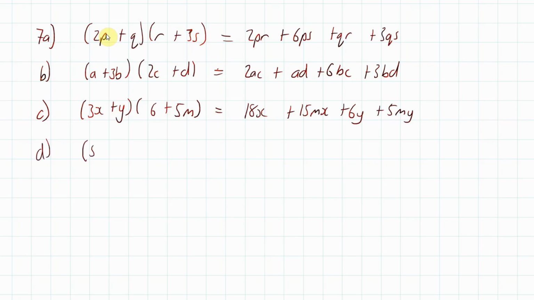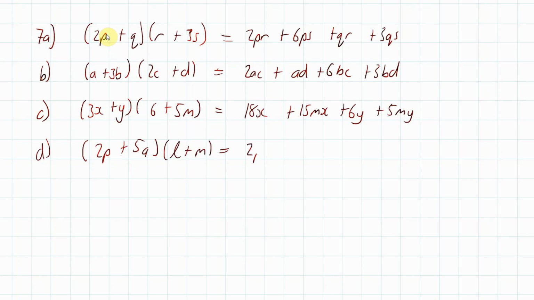Okay, D. Oh, bother, I've written the wrong thing down. It's not 5a, that's the next one. It's 2p plus 5q into L plus M. Okay, so when we do this one, we're going to do 2p times L, that's the F of FOIL.